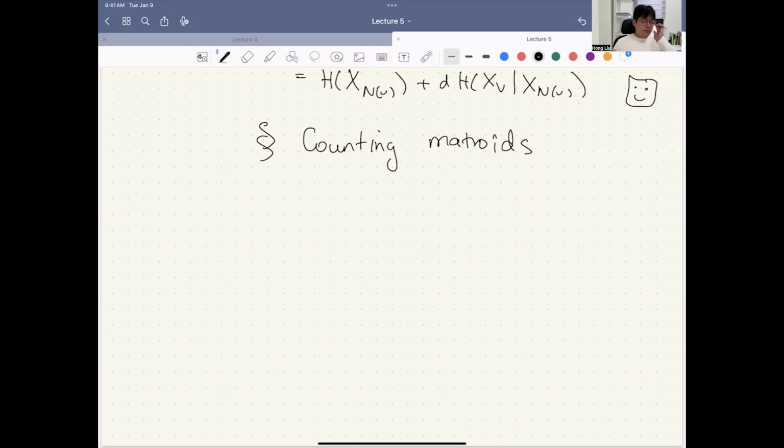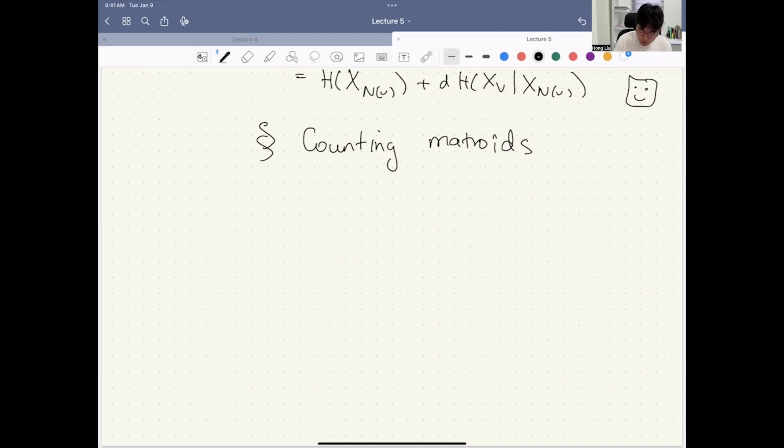A matroid is an abstract generalization of vector spaces. So let me write it.